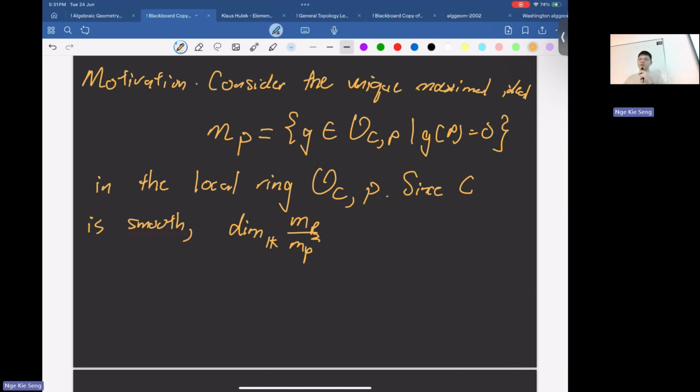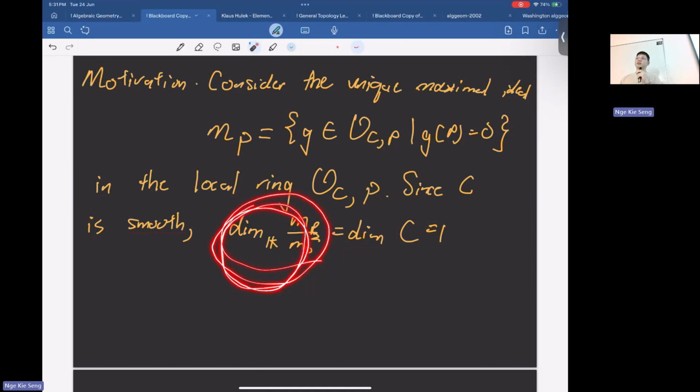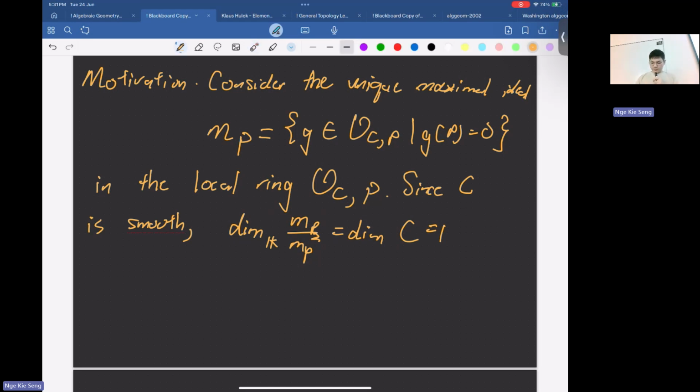The dimension of the tangent space or the cotangent space should equal the dimension of the variety. But in this case, it's a curve, so this dimension is 1. You see, this dimension here is a vector space dimension, and this is a variety dimension. But vector space dimension 1 means what? How many basis elements? One basis element, right? It's generated by one element.